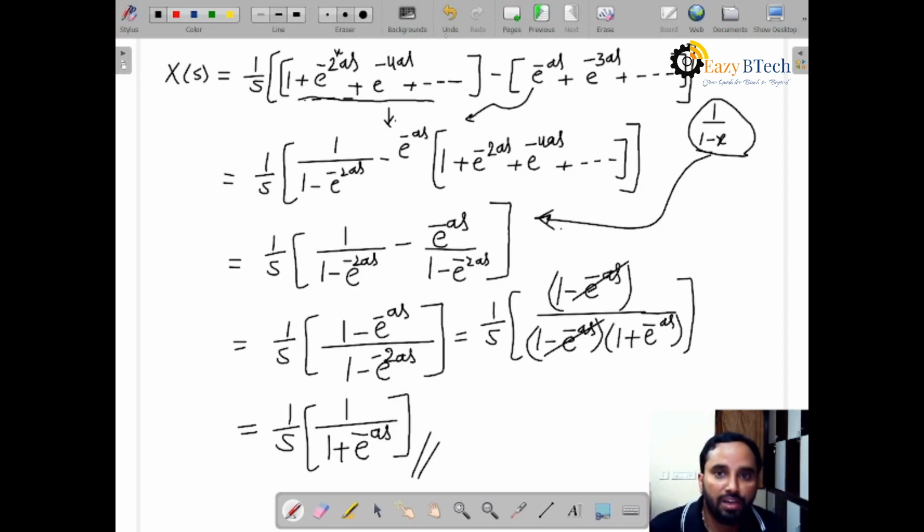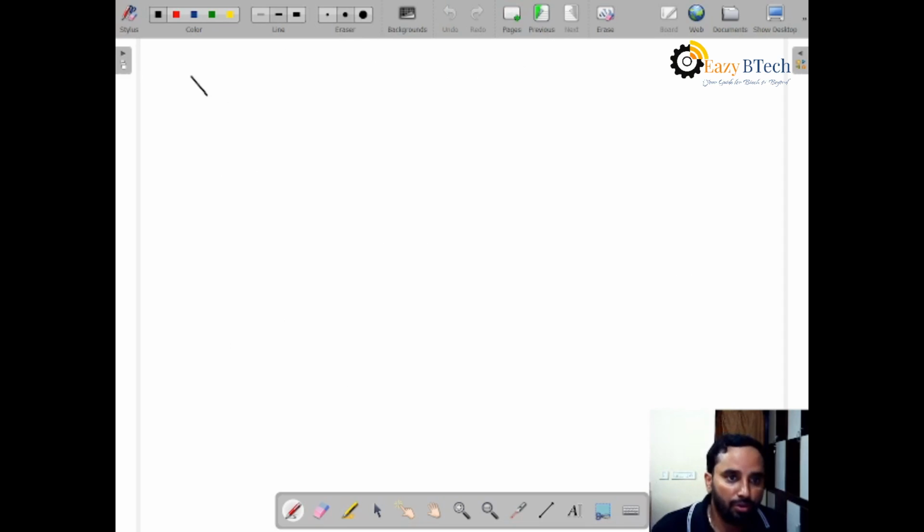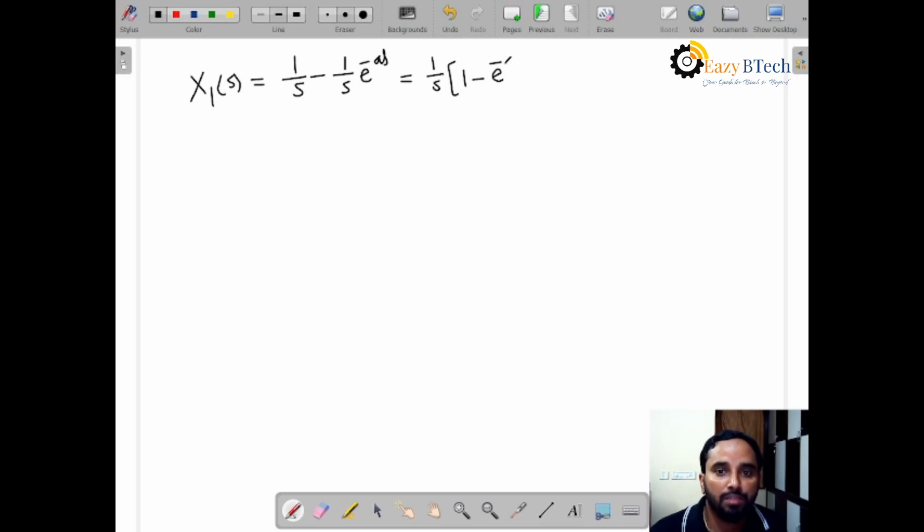Now this answer we can write differently. We know x1 of s. What is x1 of s? 1 by s minus 1 by s e power minus as. If you take 1 by s common, it is 1 by s into 1 minus e power minus as.